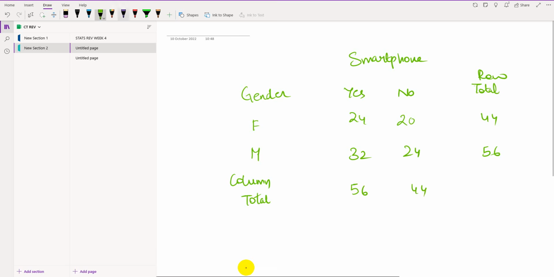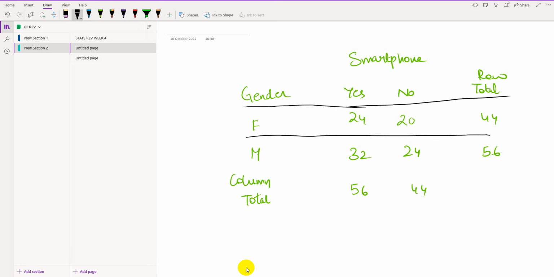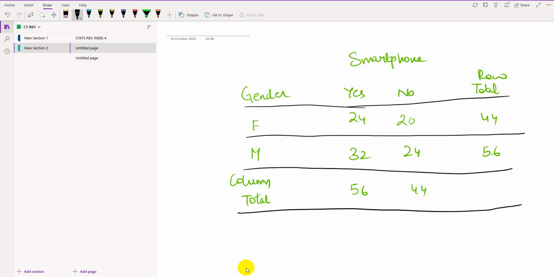I have calculated the row wise tables and the column wise tables. So how do we calculate the column frequency? What was the total?